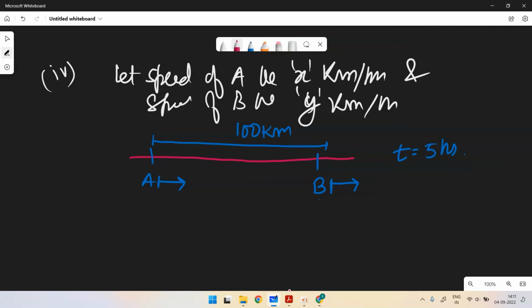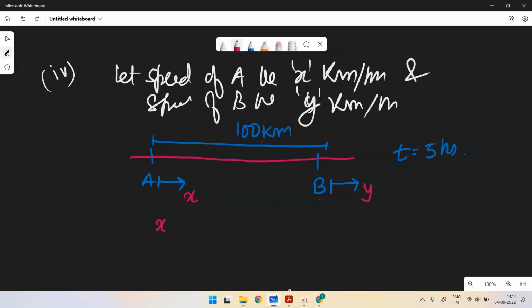So the speed of this is x and this is y, so the net speed of A relative to B will be x minus y. This is the speed you need to use to cover 100 kilometers, so you need to calculate time.